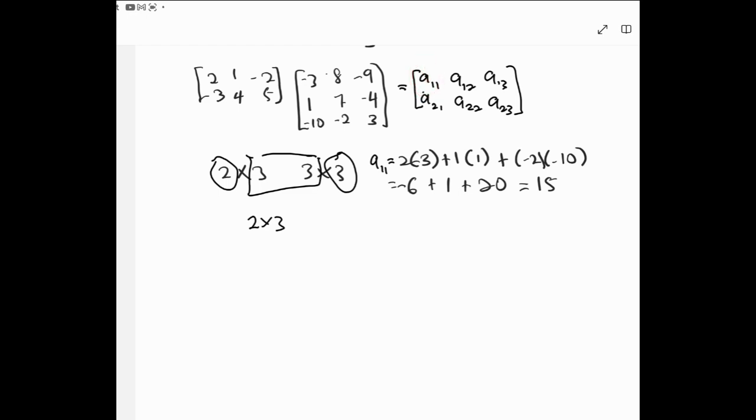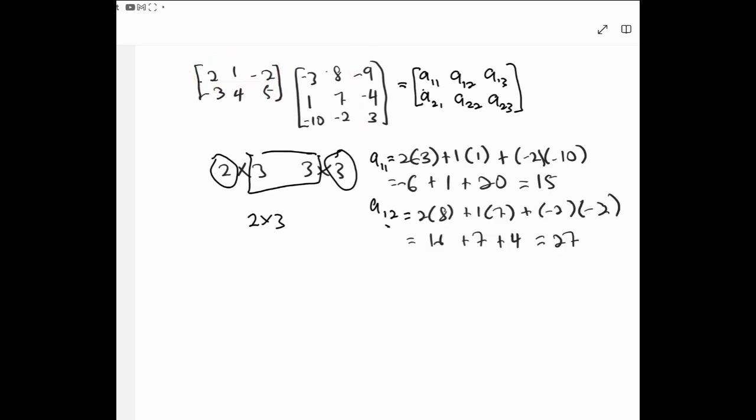Alright, now let's look for A12, which is row 1 and column 2. So A12 is 27.